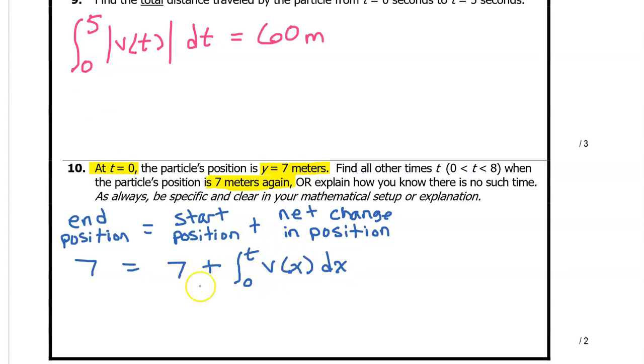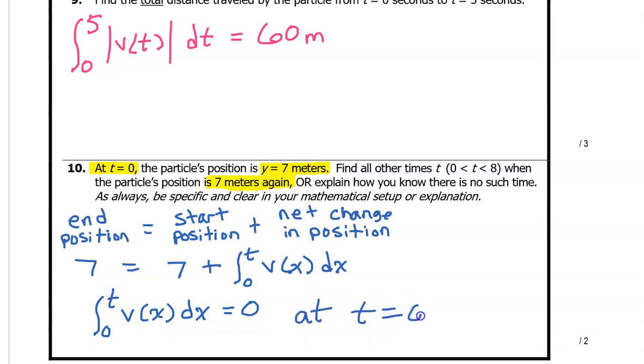I can now solve this equation by subtracting 7 from both sides. That tells me that I need an integral of velocity from 0 to t that will equal 0. And as we just found, that will happen at t equals 6. So a couple extra steps, but some students may be more comfortable thinking of it this way.